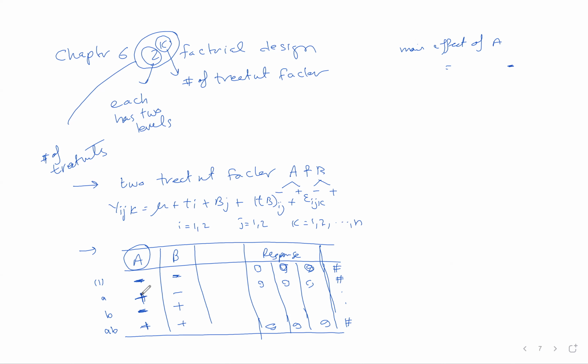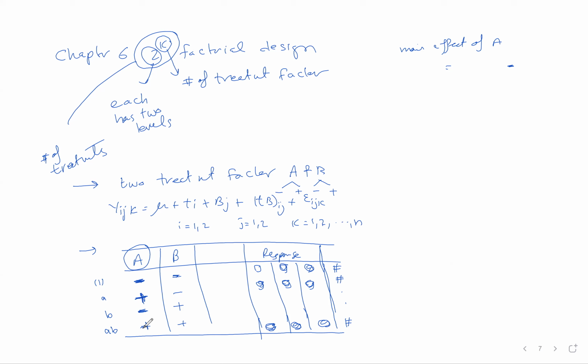When A is high, we have these 3 values and also these 3 values. Those are 6 values. You sum these 6 values, divide by 6, you give me the average when A is high. And when A is low, did I mention low first or high first? Let's do it again. Yeah, I mentioned plus first.